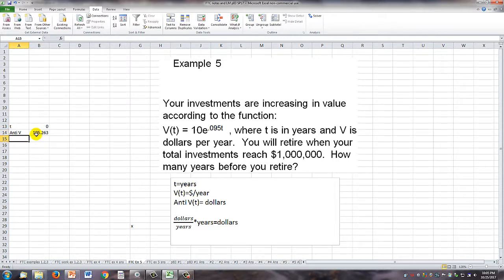And then I'm going to drag this over and I put FTC down here. And the FTC is the area under the curve. And that's the interesting thing about this problem, is I want $1 million. So I want this value right here to be 1 million.